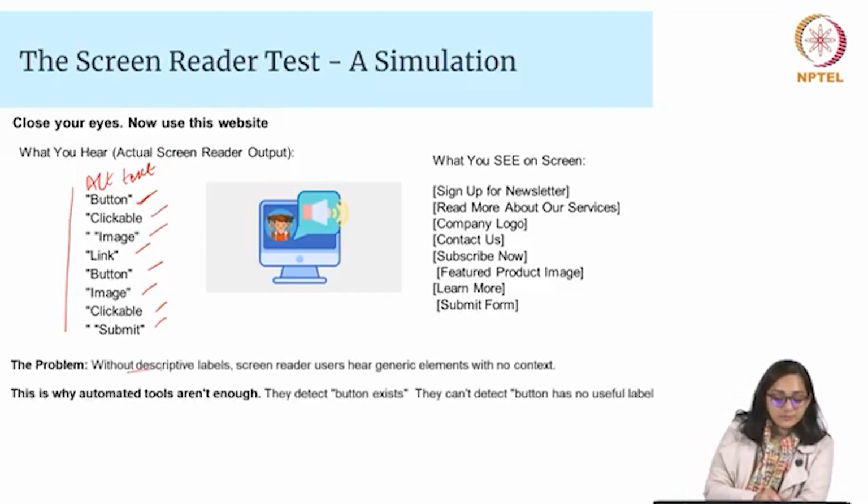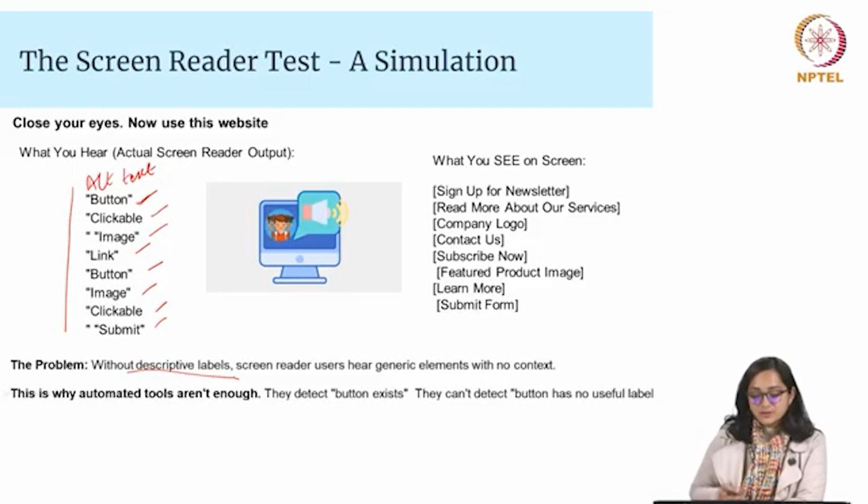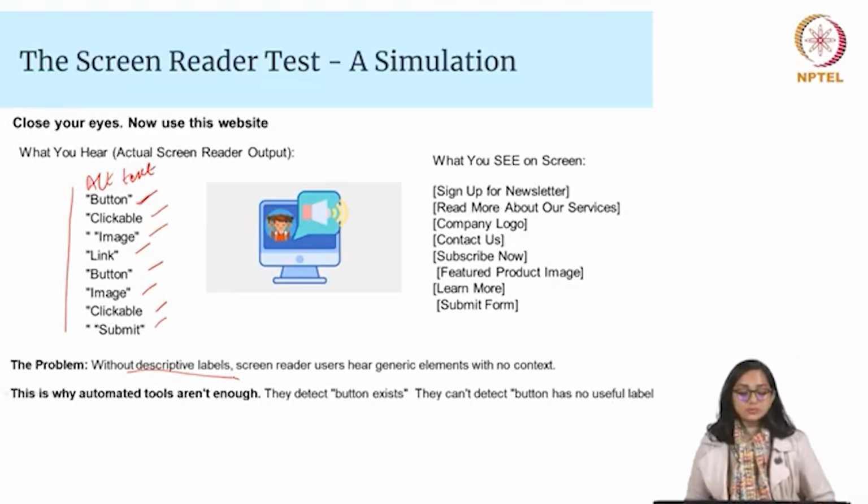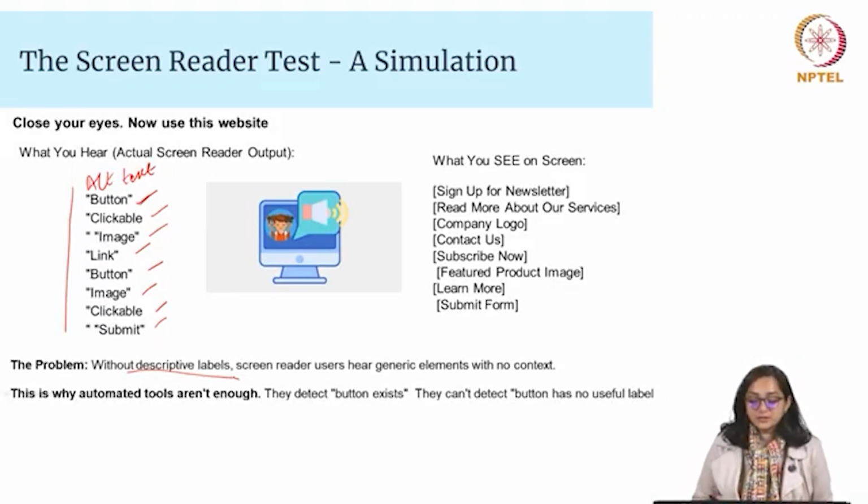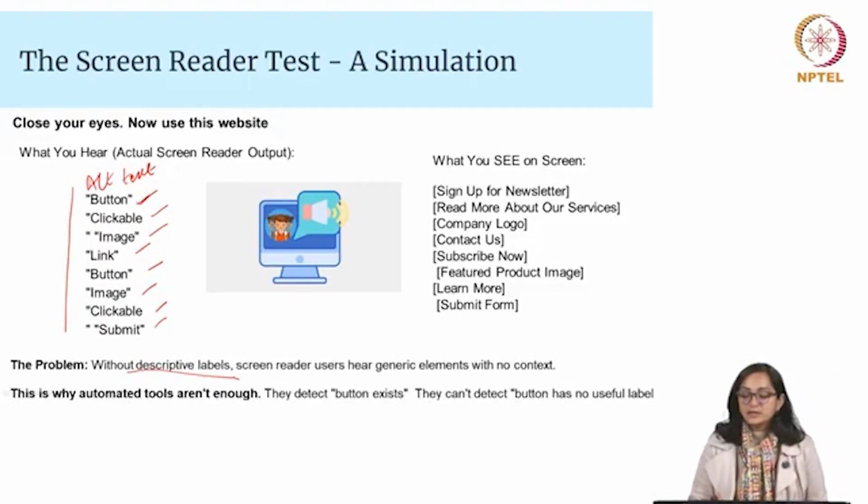The problem is that without descriptive labels, screen reader users hear generic elements with no context at all. This is why automated tools are not enough: they detect just that the button exists and the alt text exists, but the button has no meaningful label.